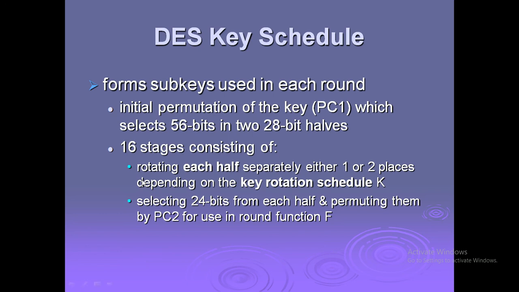At each stage the key is rotated, each half separately, either one or two places depending on the key rotation schedule, and 24 bits are selected from each half and permuted by permuted choice 2 to give the 48-bit key used in the round function.